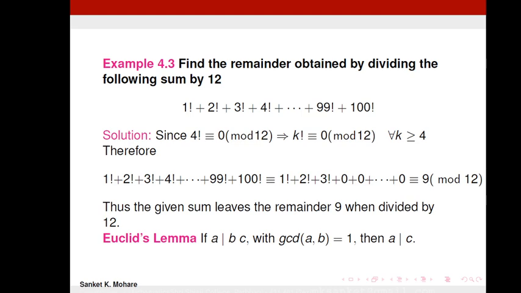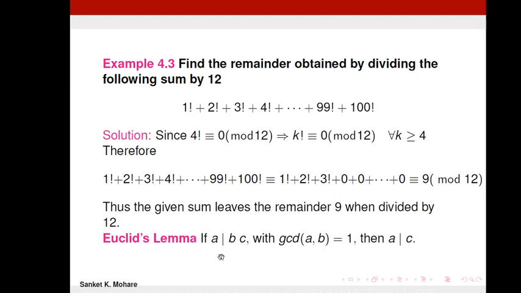Next, Euclid's lemma. If a, b, c are integers, a is non-zero, and if a divides the product bc with GCD of a and b equal to 1, then a divides c.